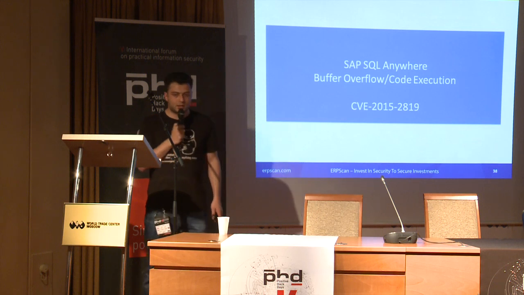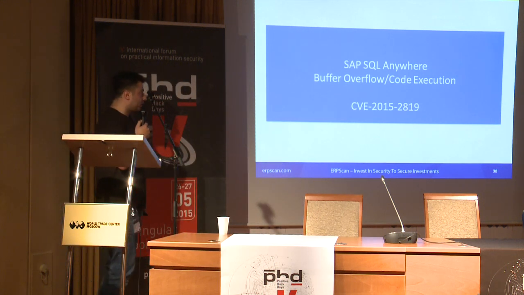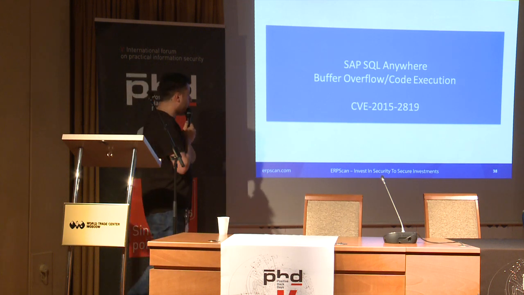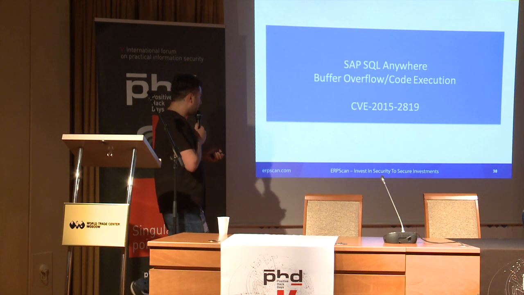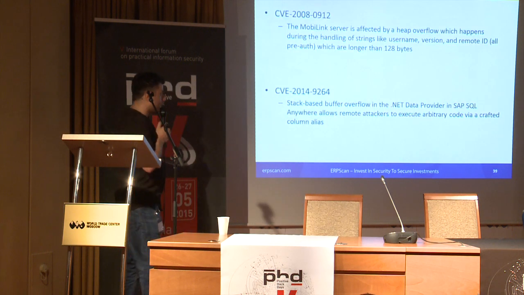The next vulnerability is related to the database that we have used. In this case, we have used a buffer overflow vulnerability in SAP SQL Anywhere. In 2008 and in 2014, we discovered certain vulnerabilities in this particular database.